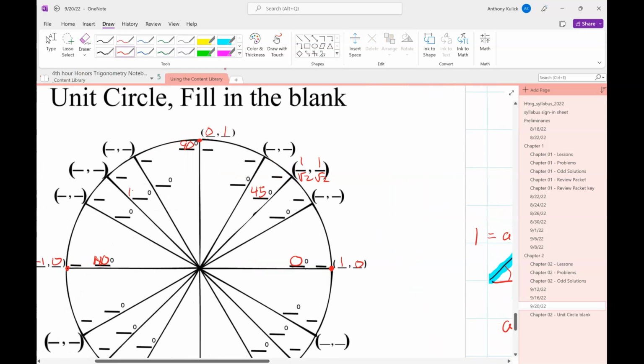This spot here at 135 will also make a 45, 45, 90 reference triangle. The x coordinates and y coordinates are going to be the same, except that because we're in quadrant 2, the x coordinate will be negative. The y coordinate will be positive. I'm just going to go ahead and write negative signs next to the x coordinates and all the things in quadrant 2 right now.